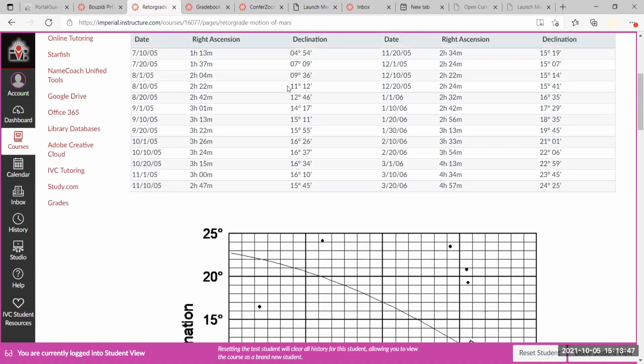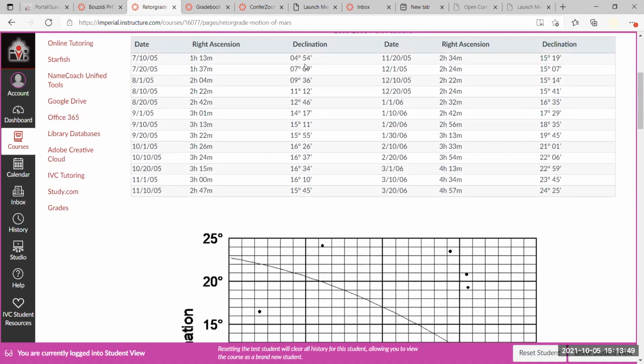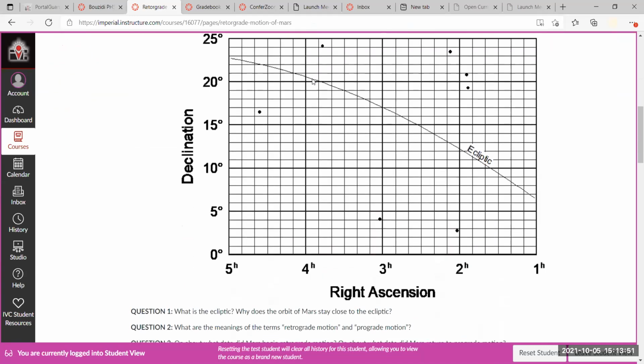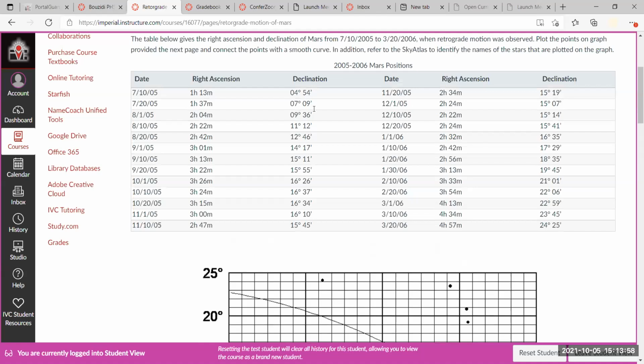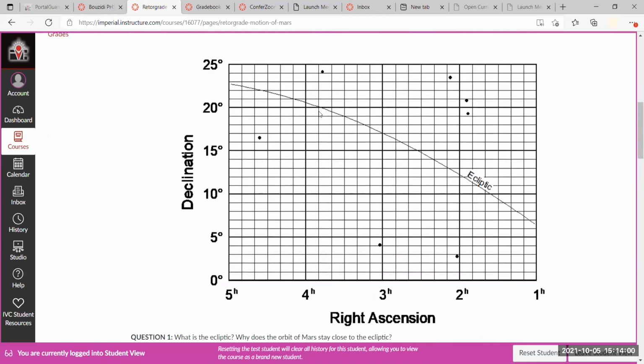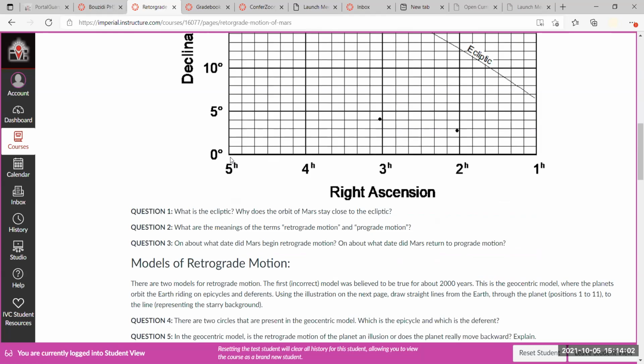But wait a minute. I need to find the 4 degrees and 54 minutes, okay? 4 degrees, this is 0 degrees, this is 5 degrees. But I don't have 5 degrees, I have 4 degrees and 54 minutes. So I have 0, 5, 4 is here, and 54 is roughly somewhere in here, okay?